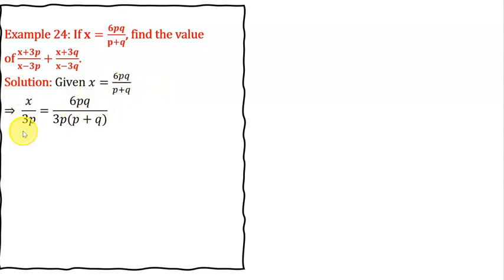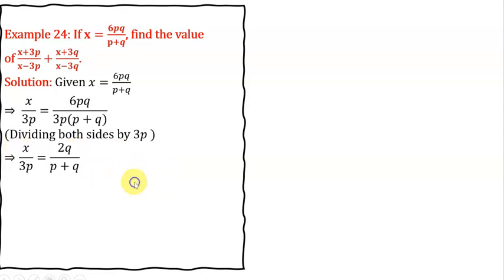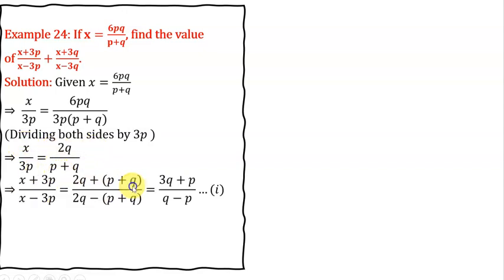That is x upon 3p is equal to 6pq upon 3p into (p plus q). Okay, and here p gets cancelled, 6 upon 3, then you will get 2q, by dividing both sides by 3. Okay, x upon 3p is equal to 2q upon p plus q.